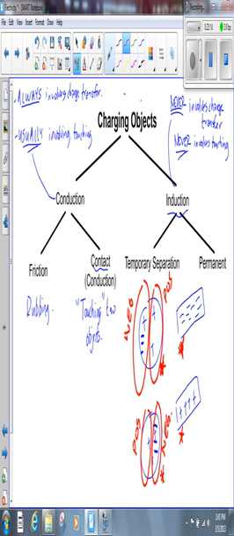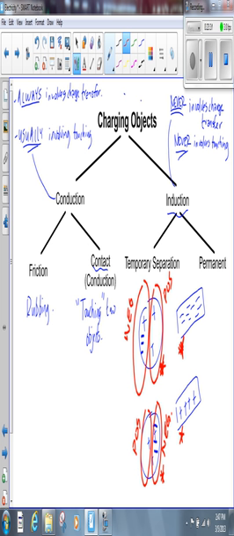That's really important, because that comes back to that third law of electrostatics, which says charged objects attract neutral objects. When you bring this negative rod nearby this neutral object, you induce a temporary separation of charge. It's temporary because if I take that away, it's going to go back to where it was before.